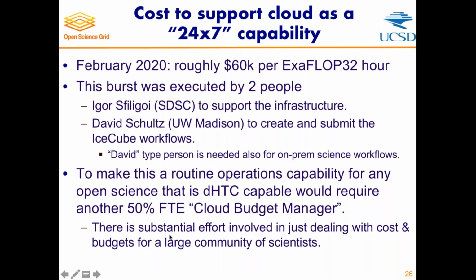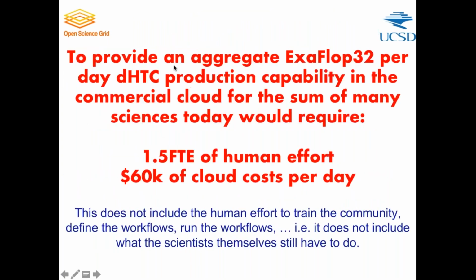So if I wanted a reasonably modest number, like say a dozen or maybe 24 communities involved at this kind of scale, then I would need about 1.5 FTE. So to provide an aggregate exaflop32 per day DHC production capability in the commercial cloud for the sum of many, say a couple dozen sciences, today would require about 1.5 FTE of human effort and $60,000 of cloud costs per day.